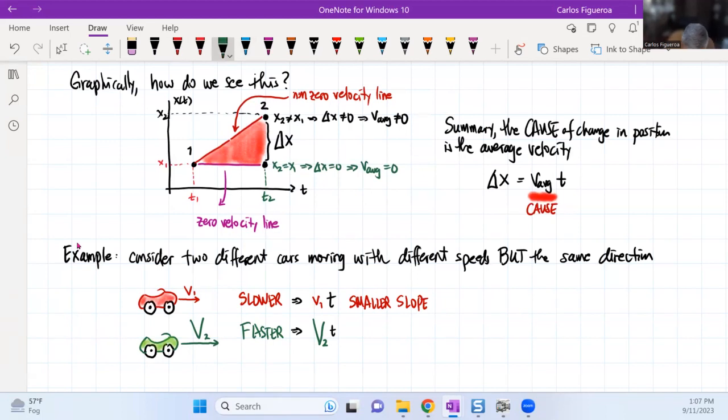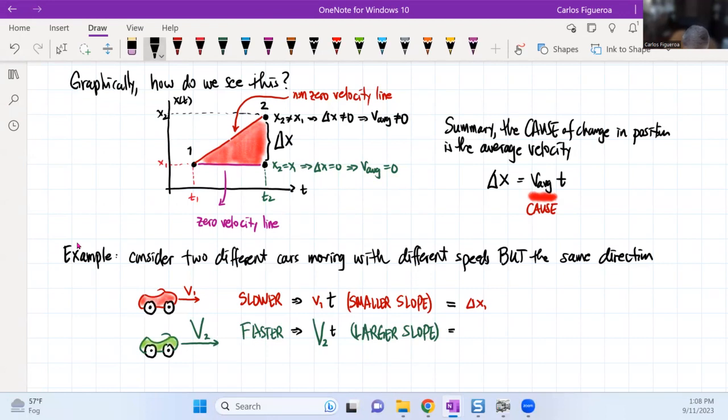This one has to have a larger slope. And as a consequence, the change in displacement for this car, which we could call 1, is going to be smaller, whereas the change in displacement for the second car, I should have probably put an equal sign because that's really what it is.